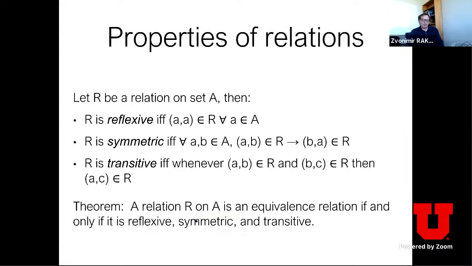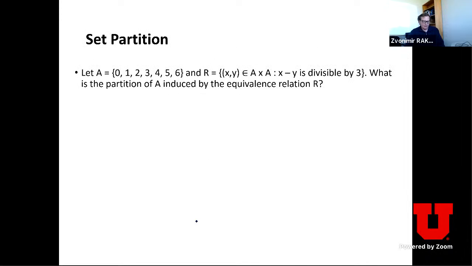Another thing that we introduced is an equivalence relation. That's a relation that's reflexive, symmetric, and transitive. Again, that's just a refresher from the lectures. And once we introduced the equivalence relation, we also showed how it relates to a set partition.